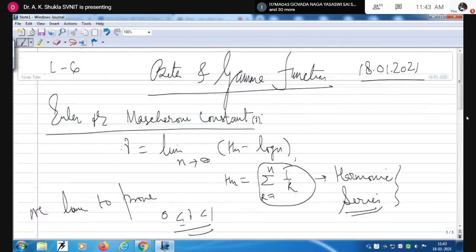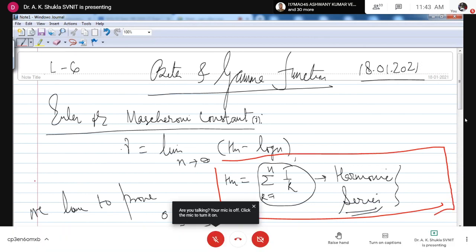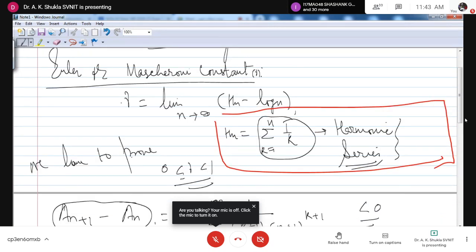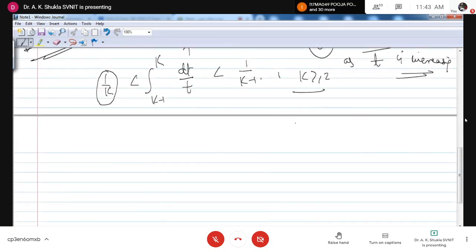So here 1 upon k minus 1 becomes Hn minus 1, because this series goes up to 2.